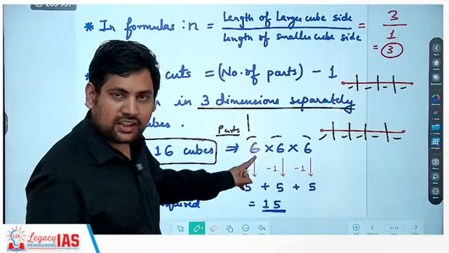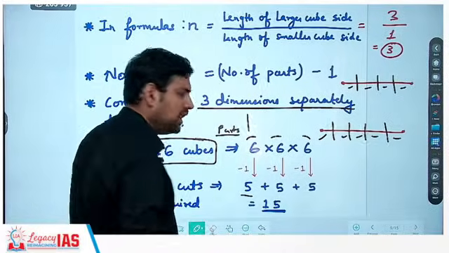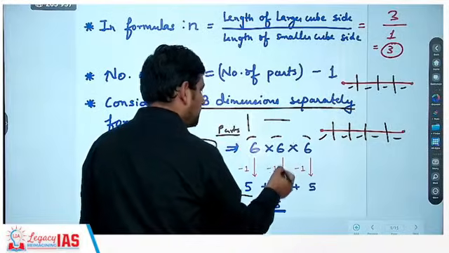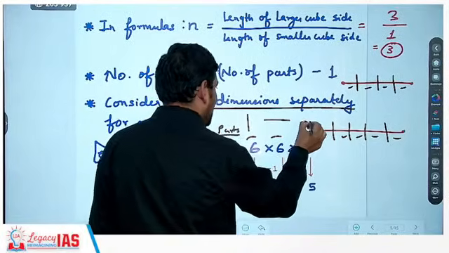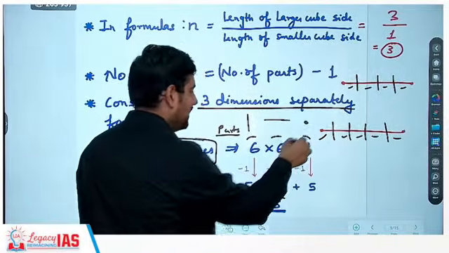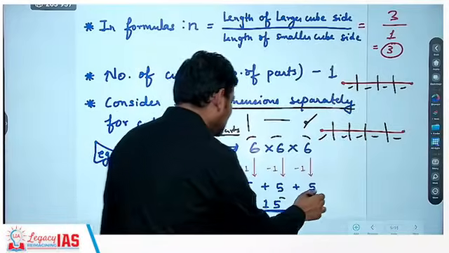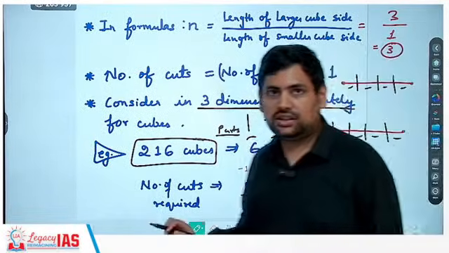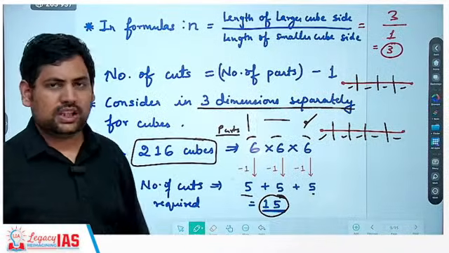To divide it into 6 parts in the vertical direction, how many cuts? 6 minus 1, so 5 cuts. Similarly, in the horizontal direction, 6 minus 1, 5 cuts, and in the direction of the height, 6 minus 1, 5. So ultimately you need only 15 cuts to divide a large cube into 216 small cubes.